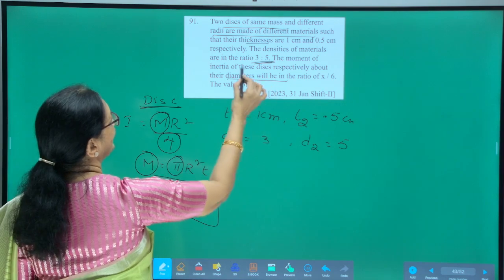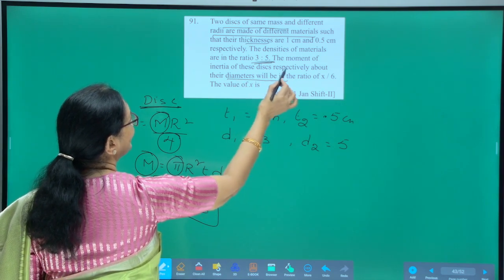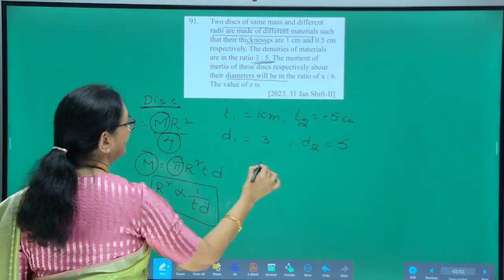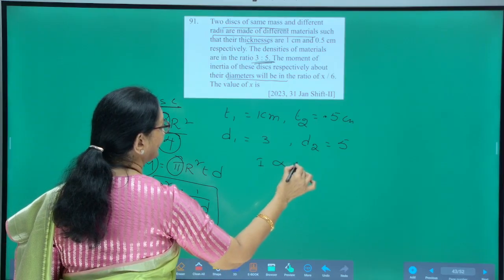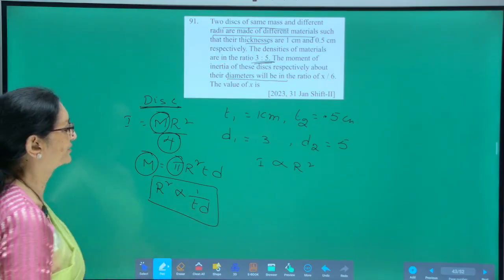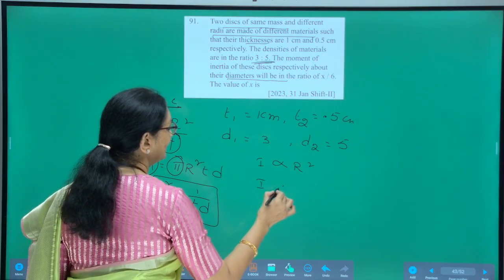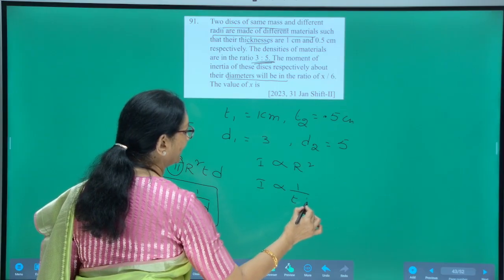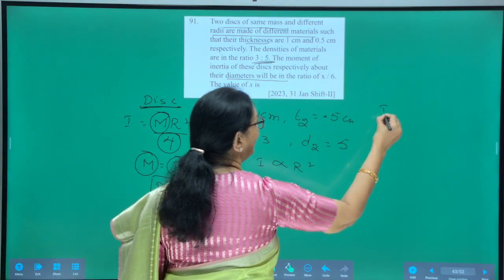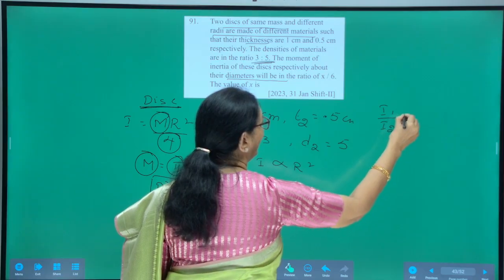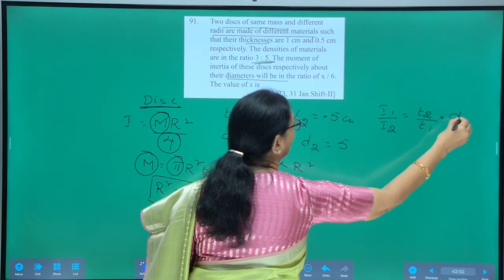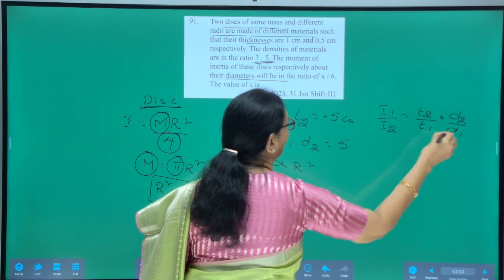So, here what is asked? Moments of inertia of the discs about their diameters will be in the ratio. So, moment of inertia is directly proportional to r². As r² is inversely proportional to TD, I is inversely proportional to the product of T and D, which implies I1 by I2 is equal to T2 by T1 into D2 by D1.